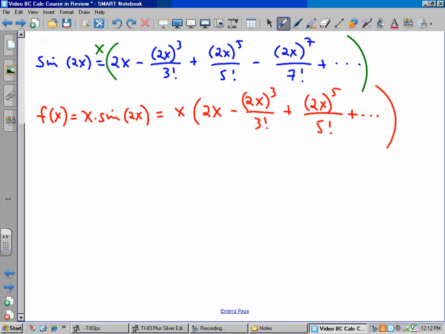All right, so my final answer here, I guess, would be 2x squared minus 8x to the fourth over 3 factorial, right?